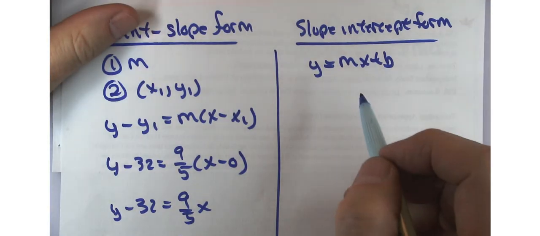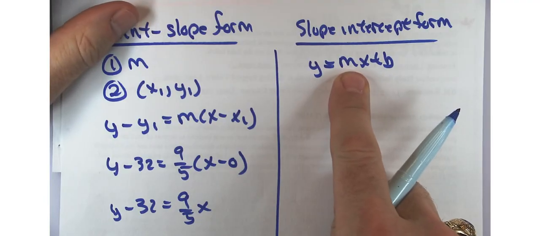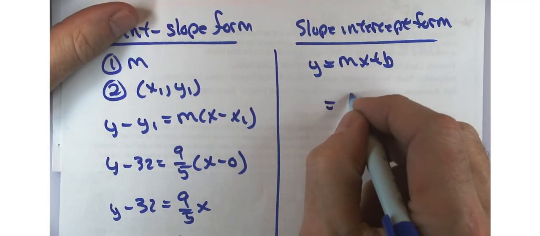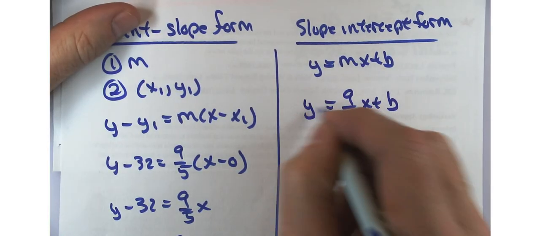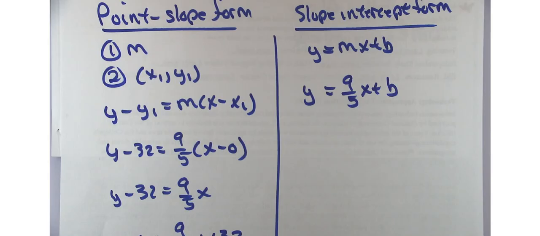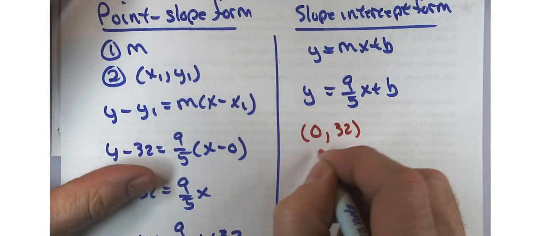In this case, we know what m is, right? m is 9/5. 9/5 x plus b equals y. You can plug in a value for x and y and then solve for the only unknown, which would be b. Since I know a point on this line, let's use 0 and 32.